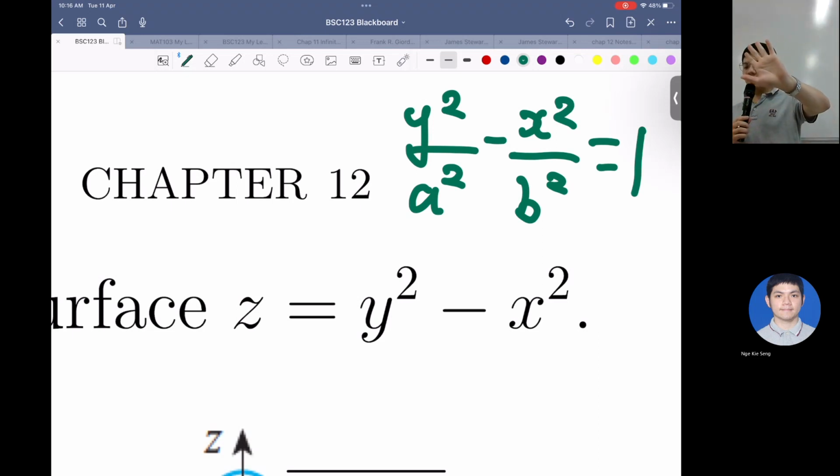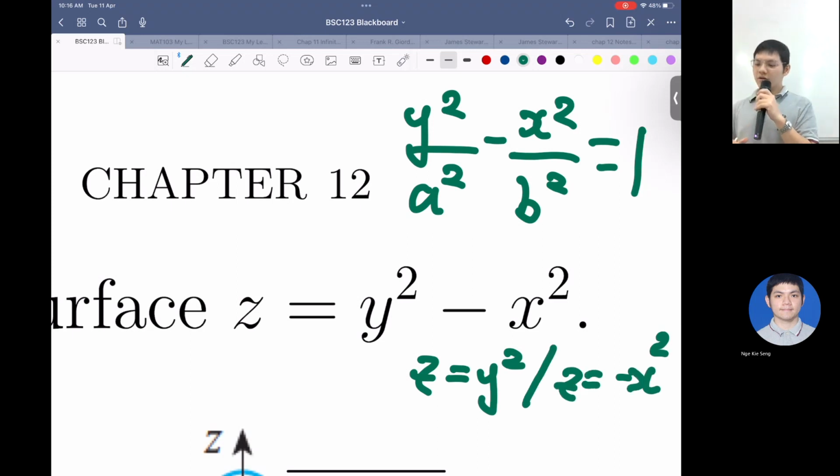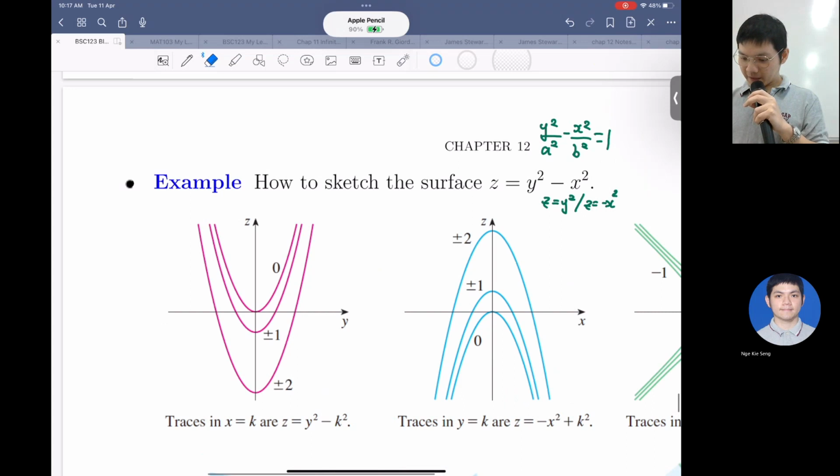If I fix either x or y, I will get a parabola, right? So we'll get z equals y squared or z equals minus x squared. So in z you will get a hyperbola, open up in the y or x direction, you get a parabola. So how do you imagine this picture? Let's imagine it.